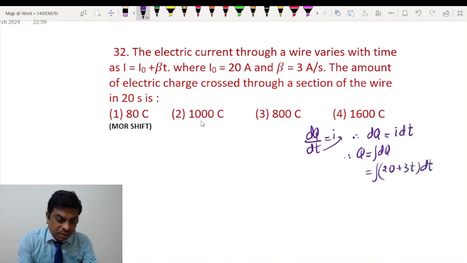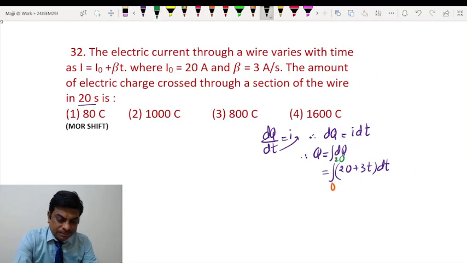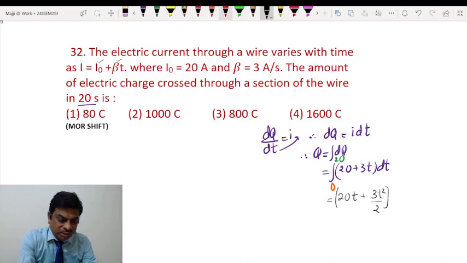So we have to integrate between 0 to 20 seconds. Okay students, so I have placed the values of I naught and beta here. So we have 20t plus 3t square by 2 integrated between limits 0 to 20.